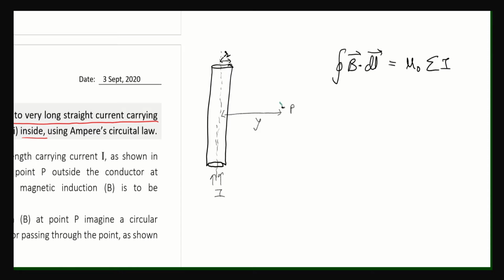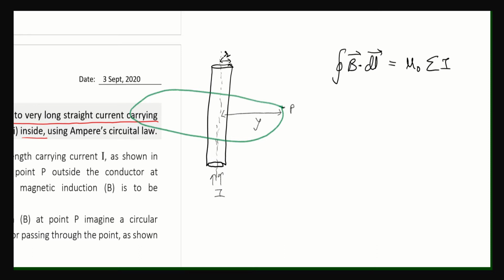I should have the Amperian loop passing through the point of interest. This may be the loop, or else let us consider a perfect circular loop. Say this is the loop, with radius y.